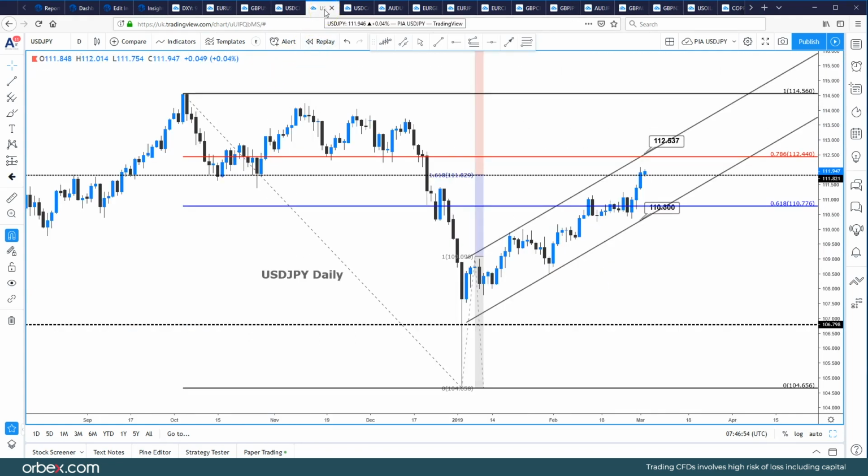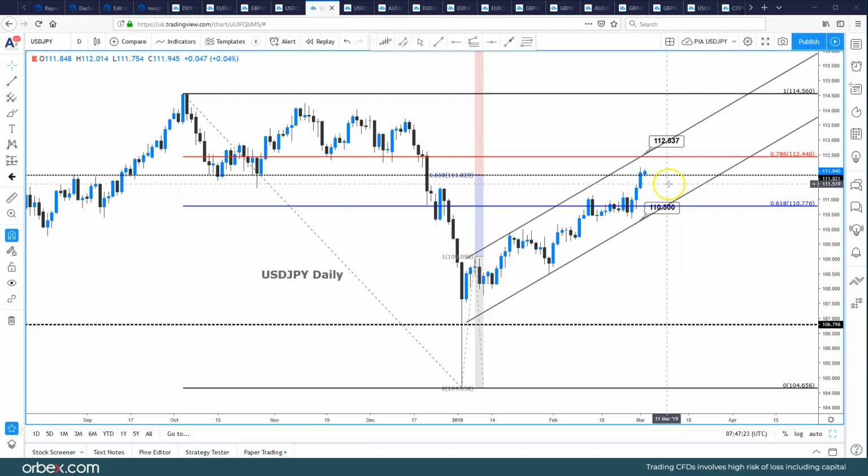Dollar yen has been quite persistent. It had three decent days, obviously with gold selling off quite aggressively as well. To the upside, we've got a 78.6% retracement level at 112.44, and a channel top at 112.53. To the downside, intraday, we've got pretty strong support at 111 the figure.